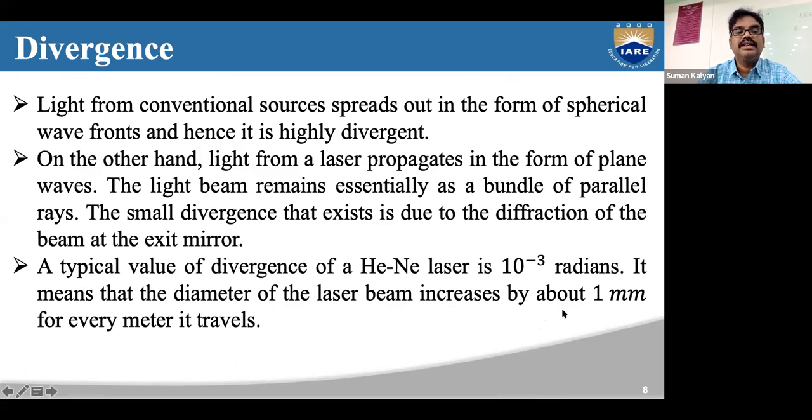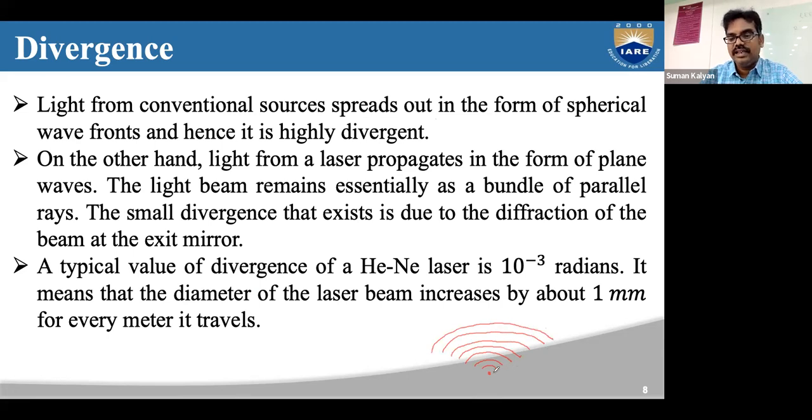That's why it is highly directional. The second important property of the laser is the divergence. Light from a conventional source spreads out in the form of a spherical wavefront, and hence it is highly divergent. This is how an ordinary light source travels, in circular wavefronts.